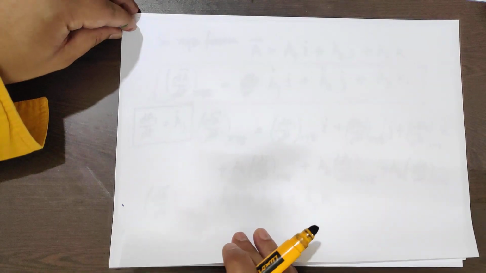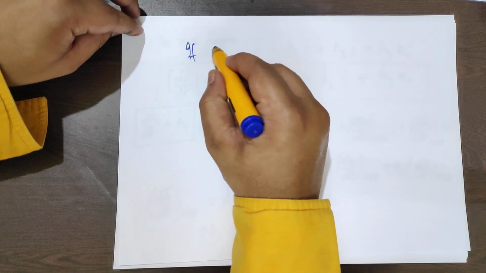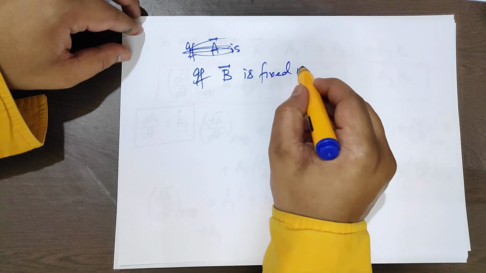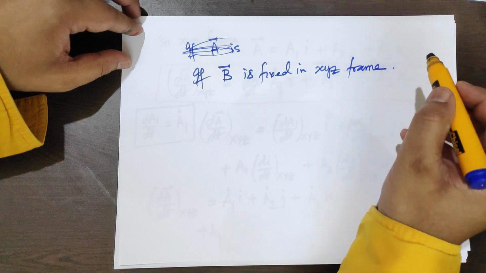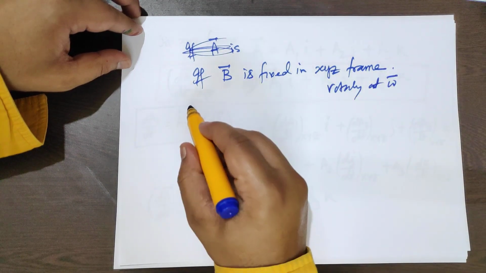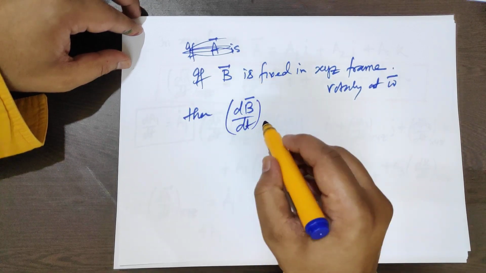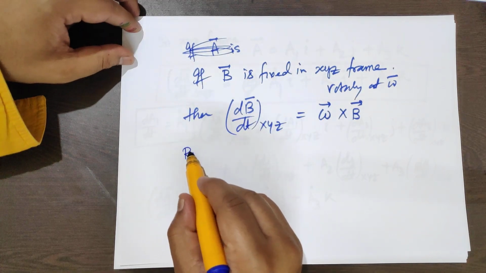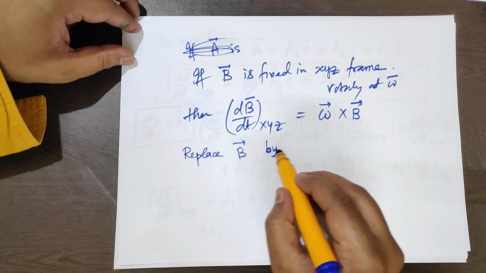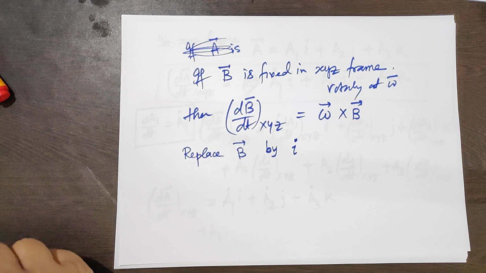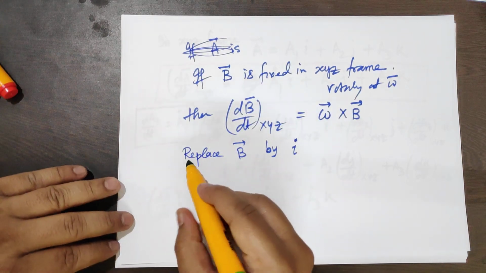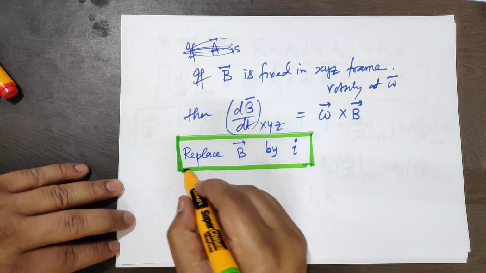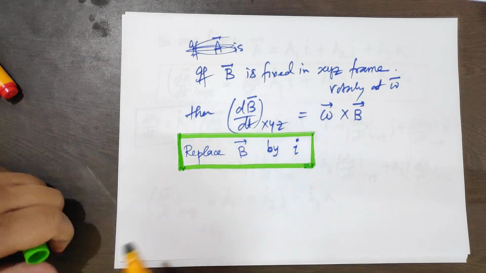Now we will use the result that if a vector B is fixed in the small xyz frame rotating at omega, then dB/dt with respect to capital XYZ is omega cross B. Now we replace B by i, because i is a vector fixed in the small xyz frame, since it is the unit coordinate vector in the direction of the small x axis.